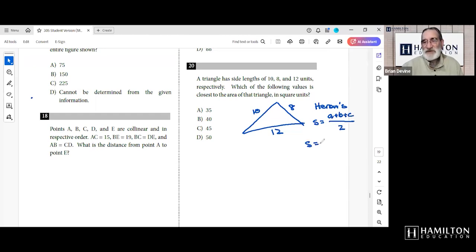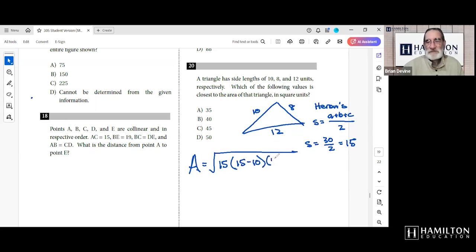So in our case, the semi-perimeter is going to be 10 plus 8 plus 12, which is 30 divided by 2, or 15. So Heron says this, that the area is equal to the square root of the product of the semi-perimeter times the quantities of the semi-perimeter minus side lengths. The quantities, I should say. 15 minus 12.